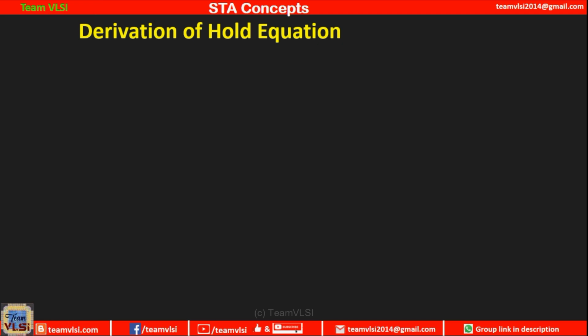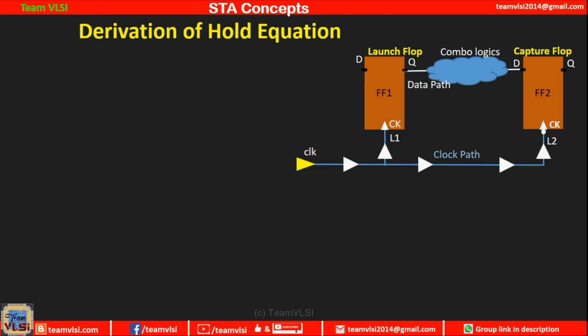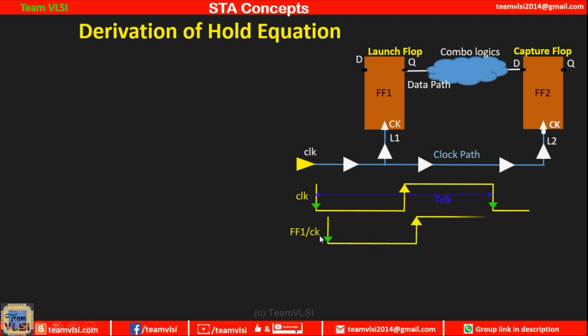So next, the derivation for the hold equation. If this is the clock at the clock pin, then this clock will take certain time to reach this launch flop. We have considered L1 as the latency between the clock and the arrival time at the launch flop.